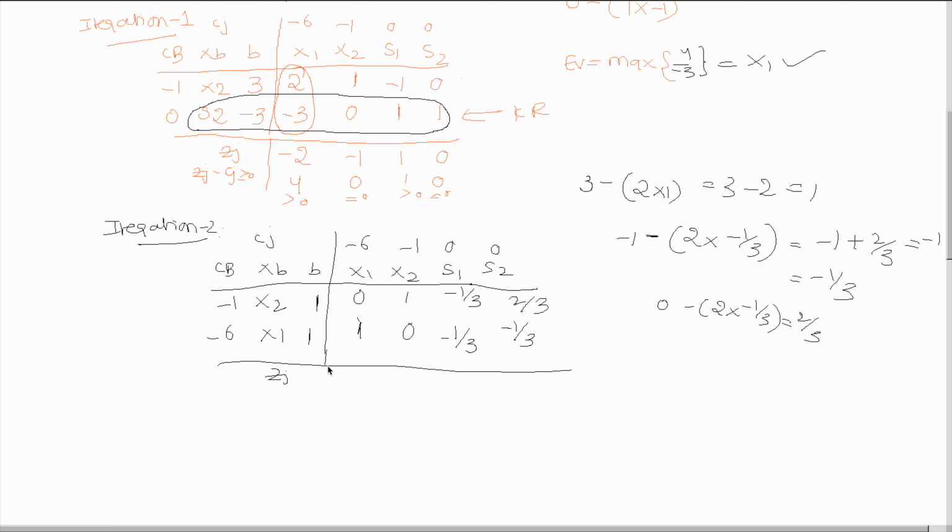To find the Zj values: minus 6, minus 1. Here minus 1 into minus 1 by 3, 1 by 3, plus minus 6 into minus 1 by 3, 2, 1 by 3 plus 2, 7 by 3.